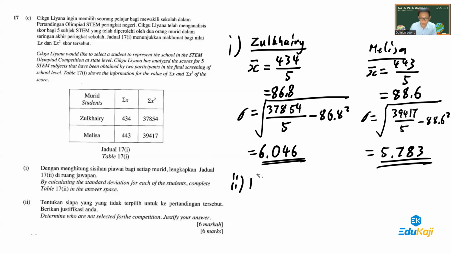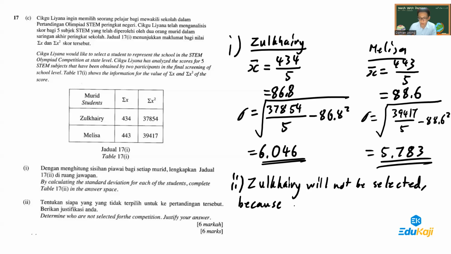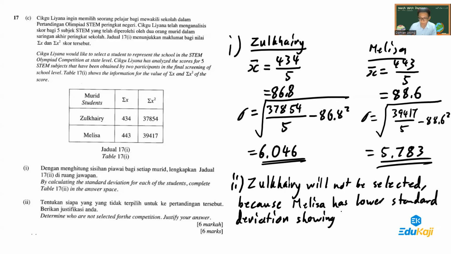So basically, Zulkhairi will not be selected because Melissa has lower standard deviation showing that she is more consistent.